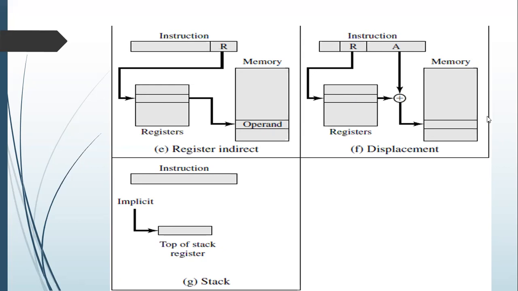It is useful when the instructions are being executed continuously from your memory. Like if your instructions are stored at locations 101, 102, 103, 104, then you can just specify the base address as 100 and increment the displacement. Okay, and the displacement will be 1.